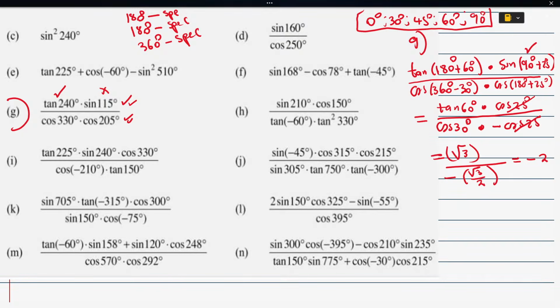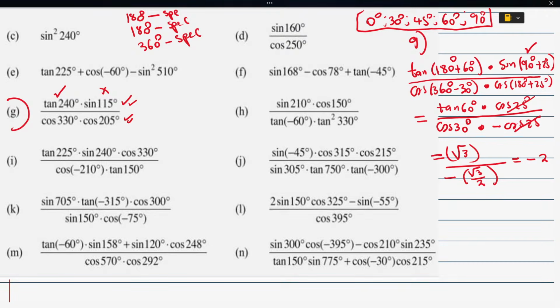There is someone who is not understanding, asking whether sin of 90 plus 25 is negative. Press your calculator. Check if it's going to be negative.